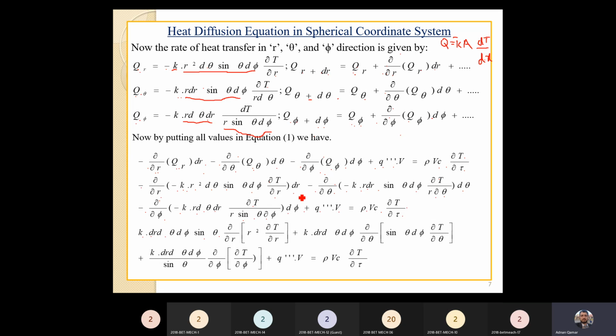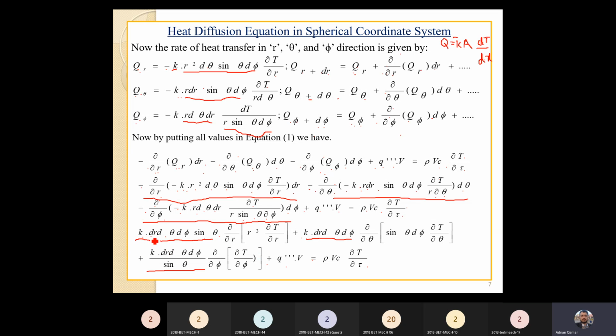So multiply this negative sign everywhere from the inside, so all terms would become positive, and take this term outside from this, plus take this term outside from this, and take this term outside from this, because these are constants. So separate the constants, you will get q triple dash v is equal to this.